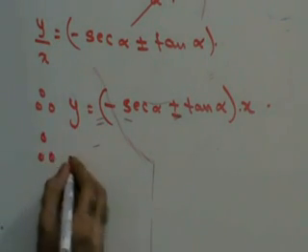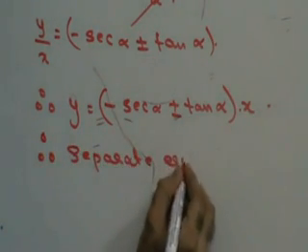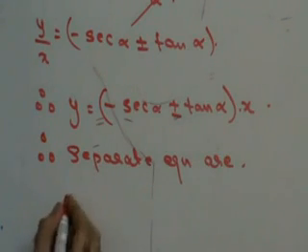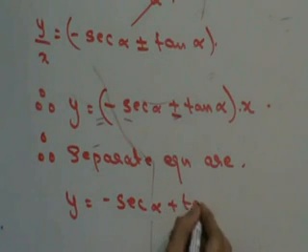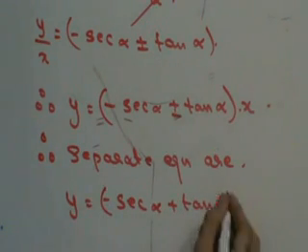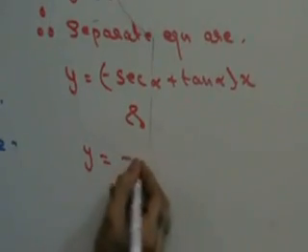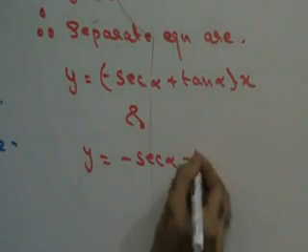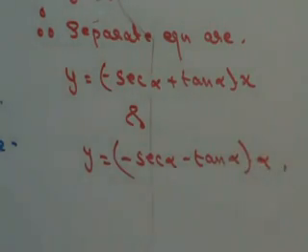Therefore, I can say that the separate equations are y is equal to minus sec alpha plus tan alpha into x and y is equal to minus sec alpha minus tan alpha into x. These are the separate equations of the lines represented by that pair of lines equation.